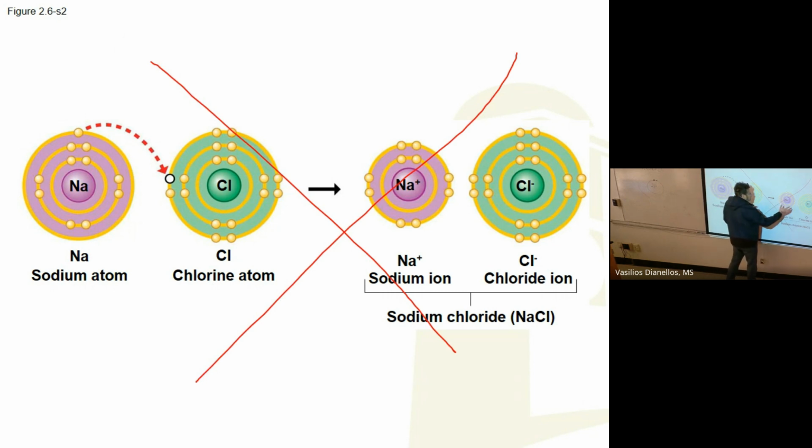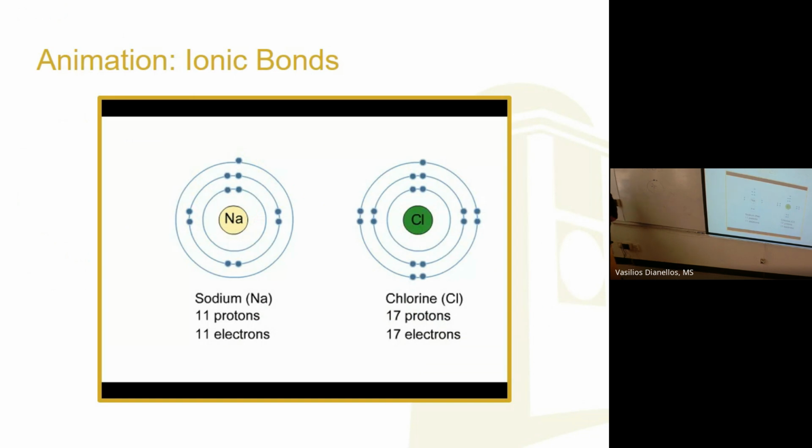And because that chloride, it used to be called chlorine, when it took that electron, it became negative. And obviously, negative and positive things attract to each other. That's why they're bonded, like 2 magnets almost. So are there any questions about that? All right, if you download the PowerPoint, you can click this little animation here and see what I just showed you, but animated. So that's it for ionic bonds.